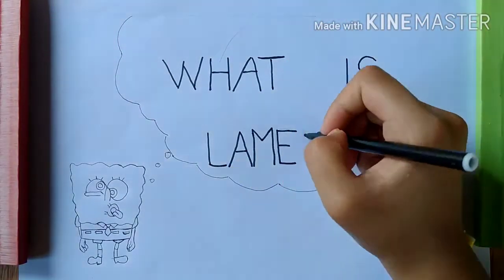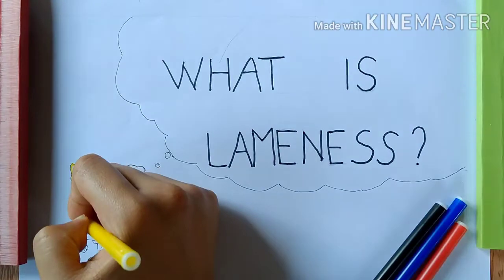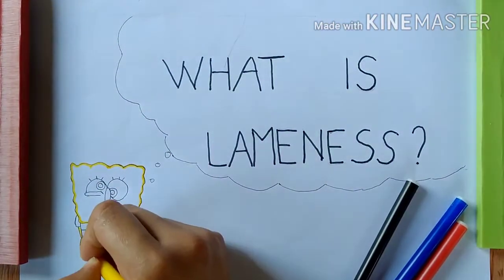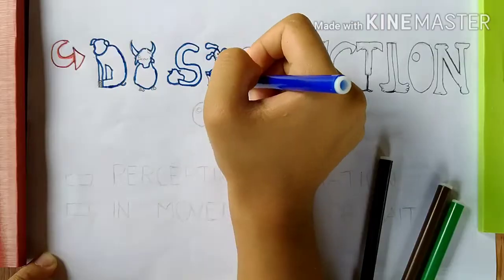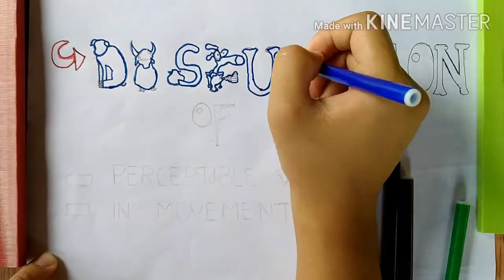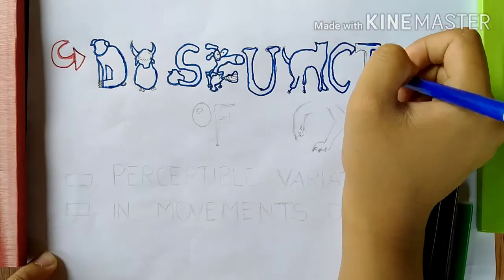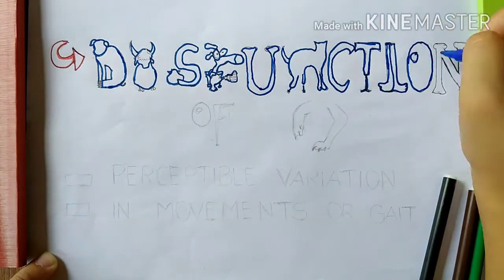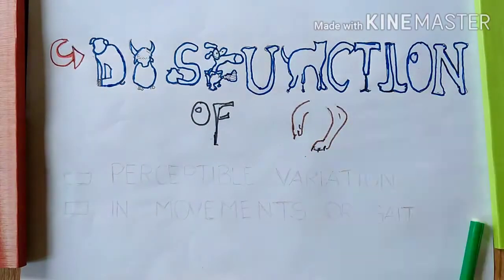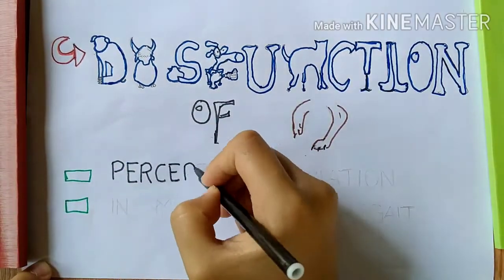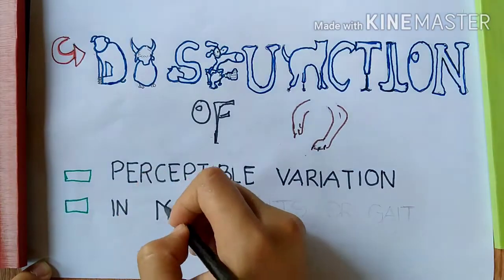What is lameness? Lameness is a dysfunction of the limbs, creating a perceptible variation in movement or gait.